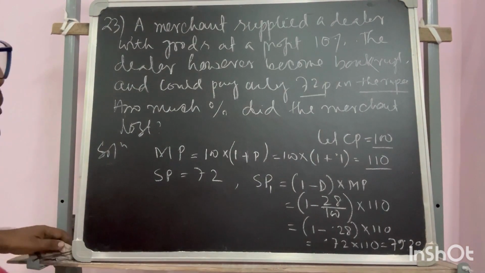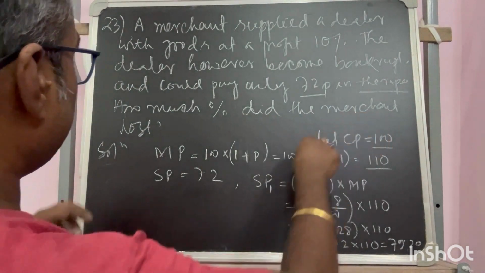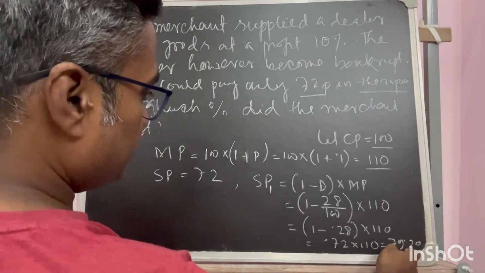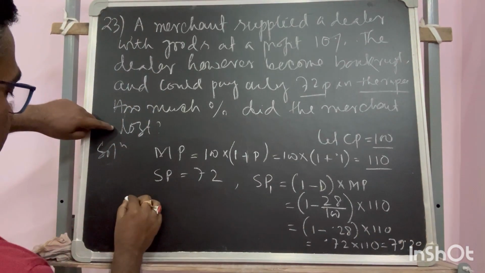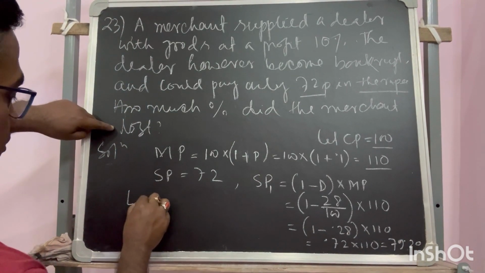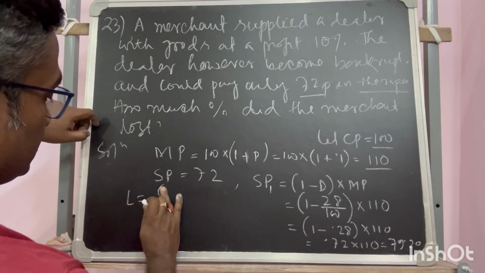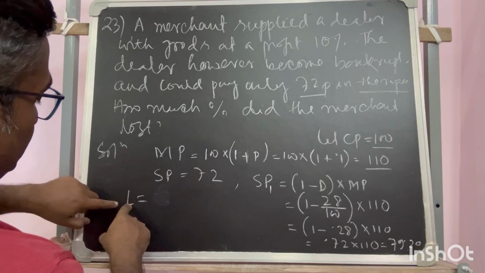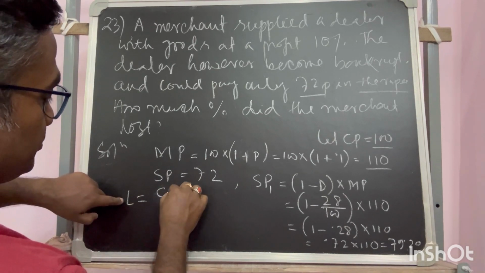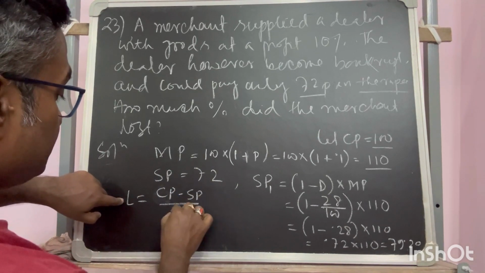So this is the ultimate selling price. The loss percentage is loss by CP, that is CP minus SP by CP.